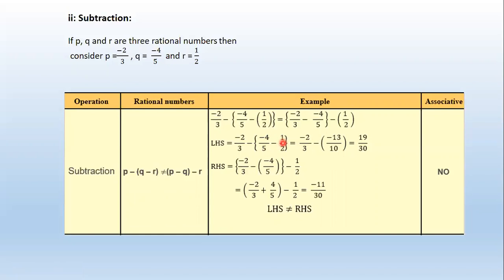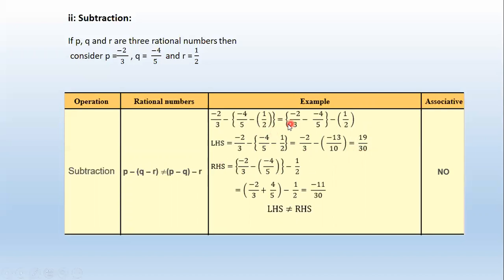So minus 8 minus 5 is minus 13. So minus 2 by 3 as it is, minus, and we get this value as minus 13 by 10. So minus 2 by 3, minus into minus is plus 13 by 10. So we get the value as 19 by 30.